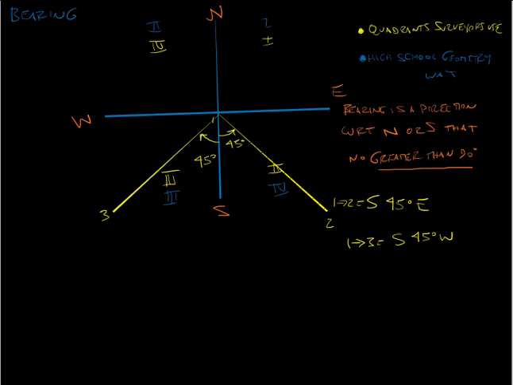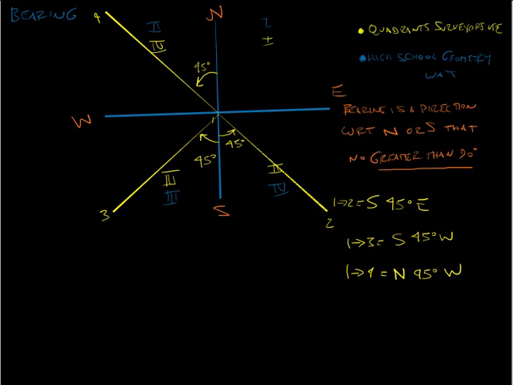And if I had a line going out this way from 1 to 4, say, and it's still 45 degrees, making it easy, that would be a bearing of north 45 degrees west.